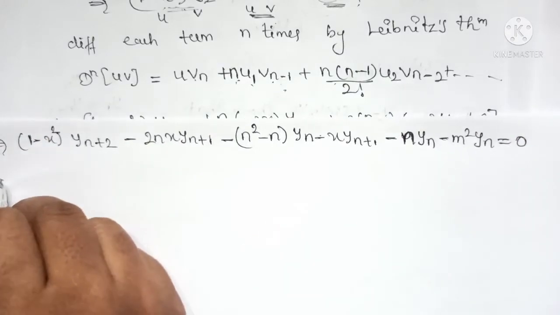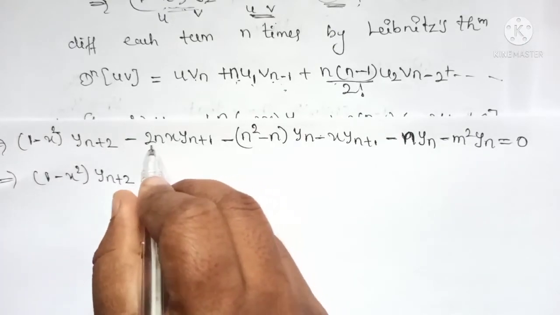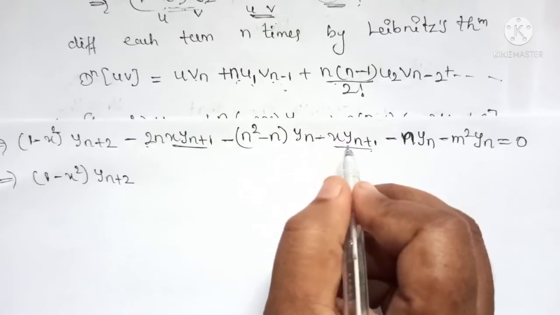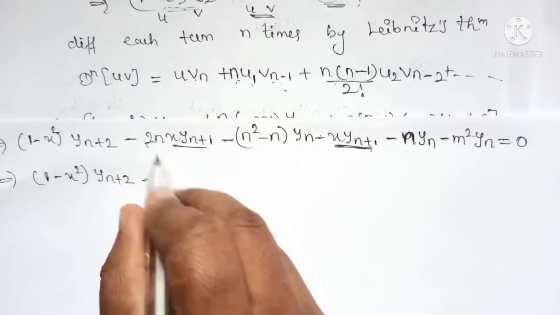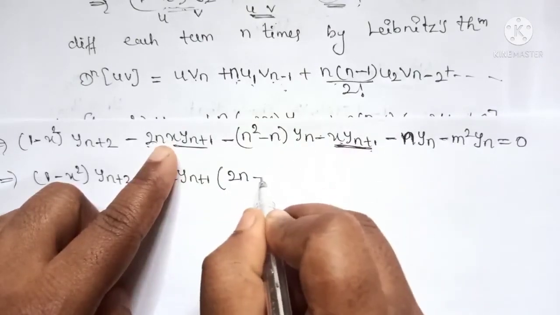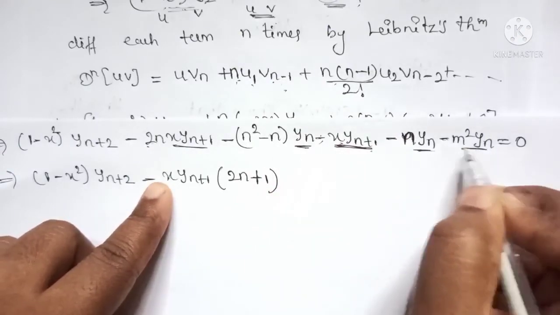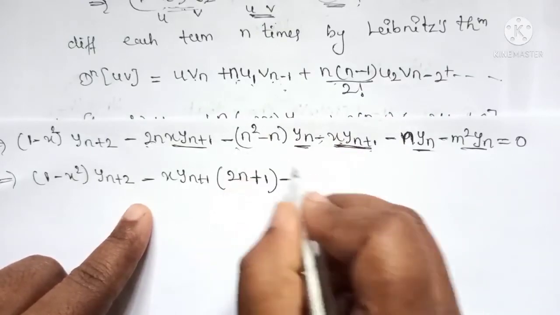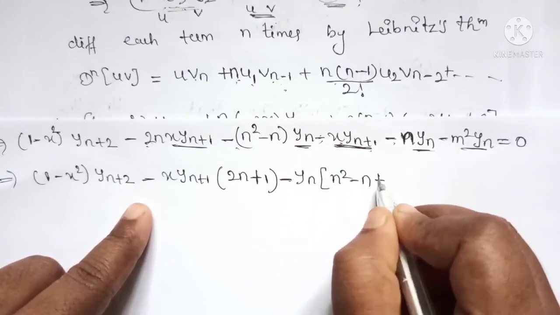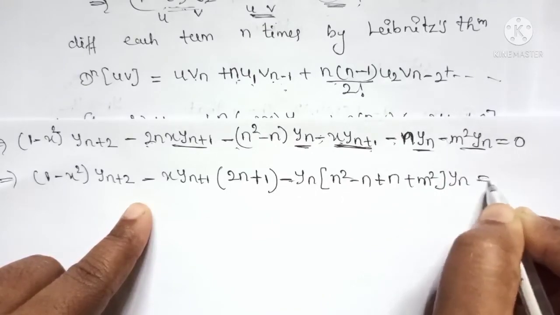So simplifying, we get (1 minus x square) y(n plus 2) as it is. We take x y(n plus 1) common from these two terms, we get minus x into y(n plus 1), common, here 2n, and on this side, minus into minus, we get plus 1. Then taking yn common from these three terms, we get minus (n square minus n), minus into minus plus n, minus m square, into yn equals 0.